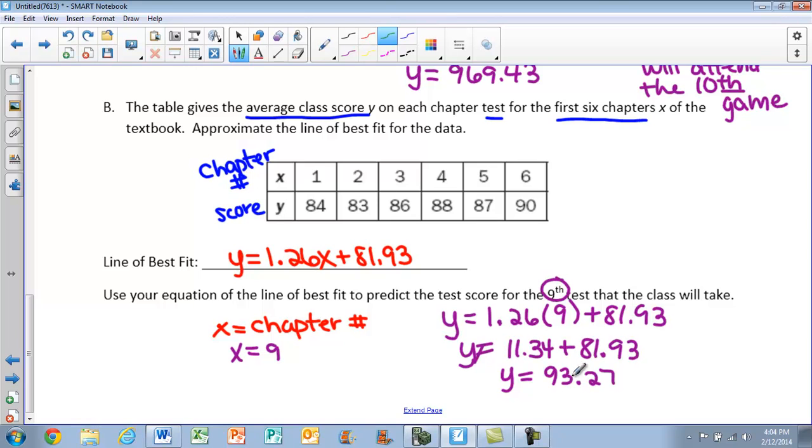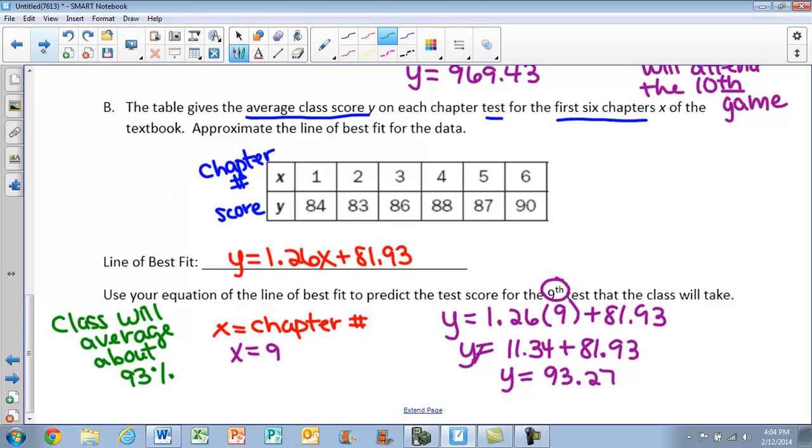Even though we got 93.27, and that's a possible score on the test, if you look at our data, we always use whole numbers. So since it's 0.27, we're going to round down. So we can say the class will average about, remember it's just a prediction, it's not completely accurate, 93%, because we round down since it was 0.27.